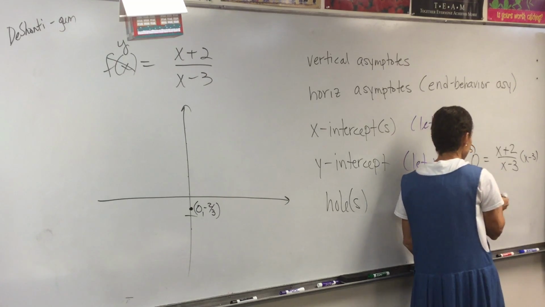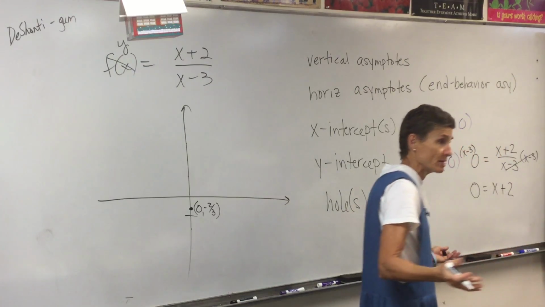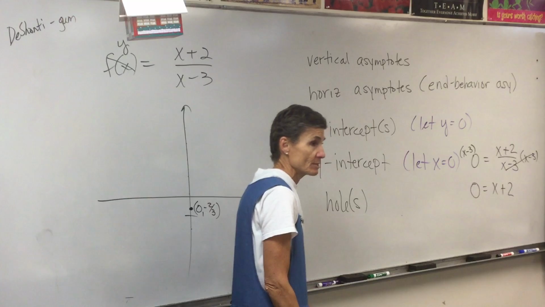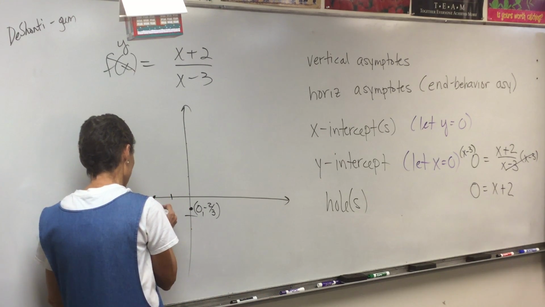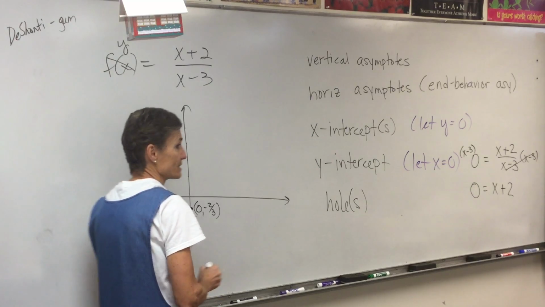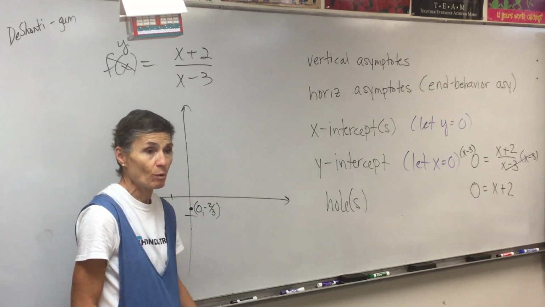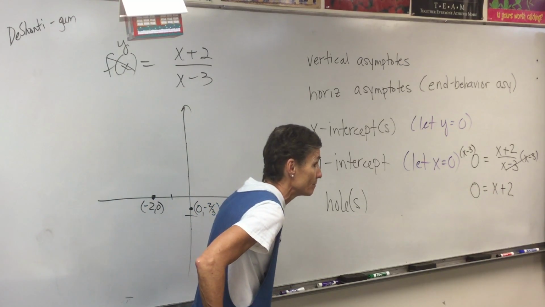That just stays 0. So essentially, the denominator disappeared. And where's my X-intercept? Negative 2. So where did the X-intercept end up coming from? I let Y be 0, but ultimately, the X-intercept came from where? The numerator.